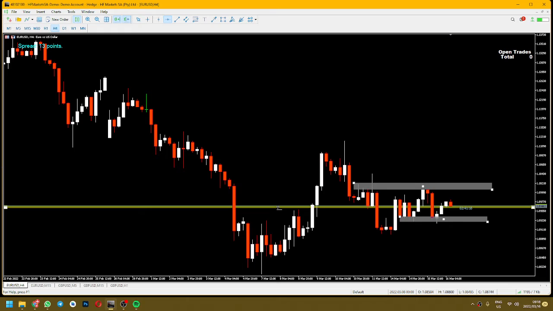It has worked as a support area before. It has been tested before, it broke, came back and was tested later on in the morning. It bounced back from there, but then it became broken when the following candles closed.